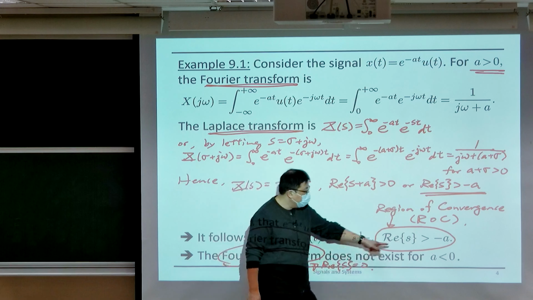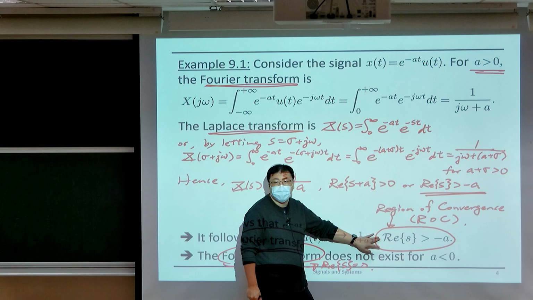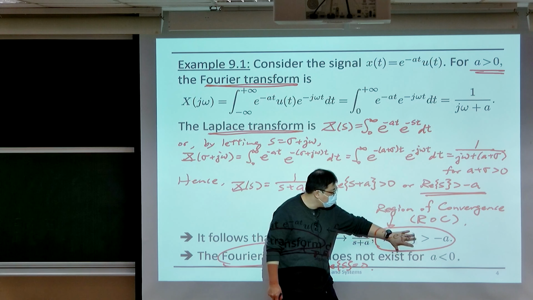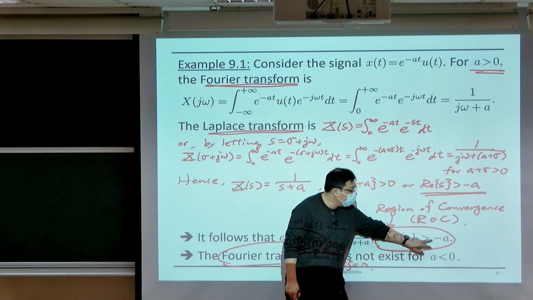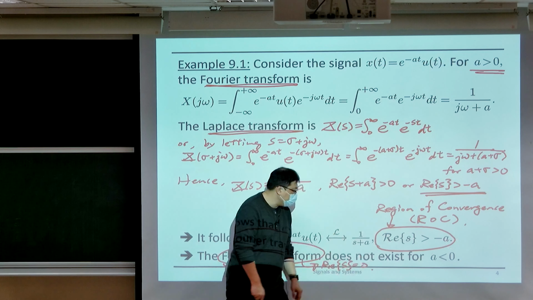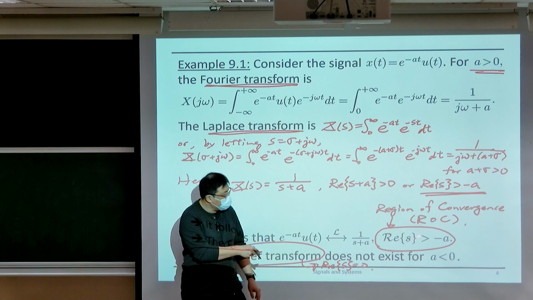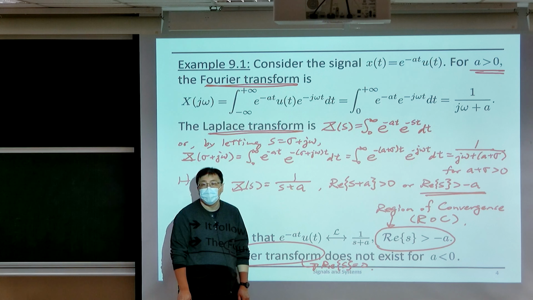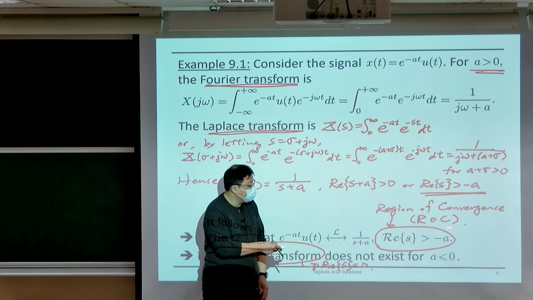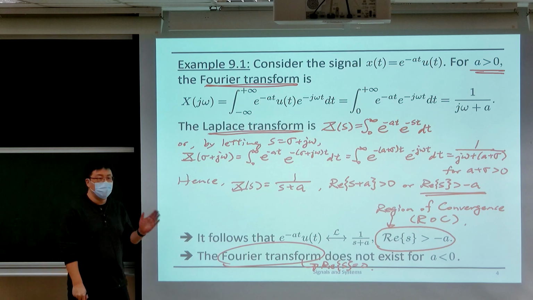Now, if a is greater than 0, then the region of convergence will include all values of s for which the real part of s is greater than minus a. So when a is greater than 0, this 0 value is greater than minus a, and therefore the Fourier transform lies within the region of convergence of the Laplace transform, meaning that the Fourier transform should exist.